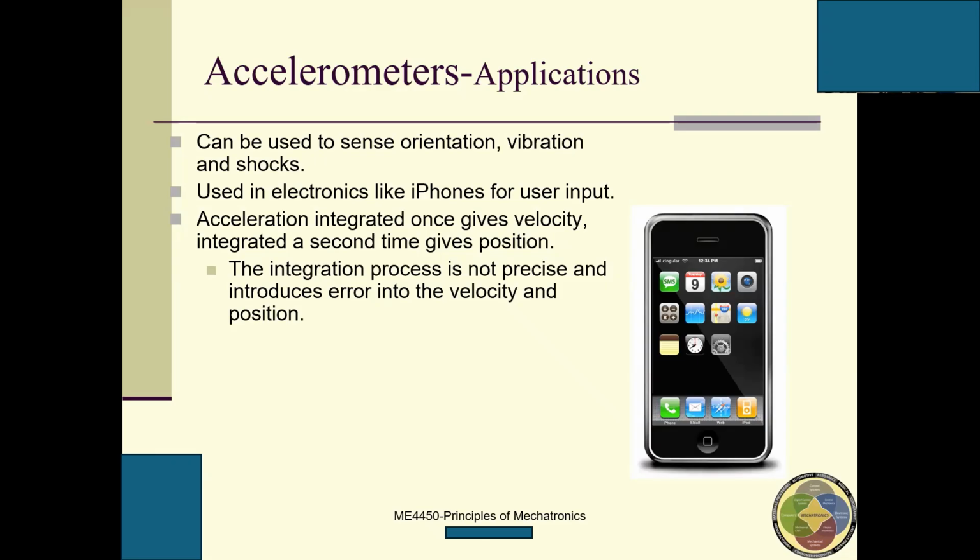If you want to measure the position, you need to use a sensor that measures position directly to get high precision. Why? Because if you do the integration or derivative, you will always lose some precision. So the integration process is not precise and introduces error into the velocity calculation. This is what I just told you.